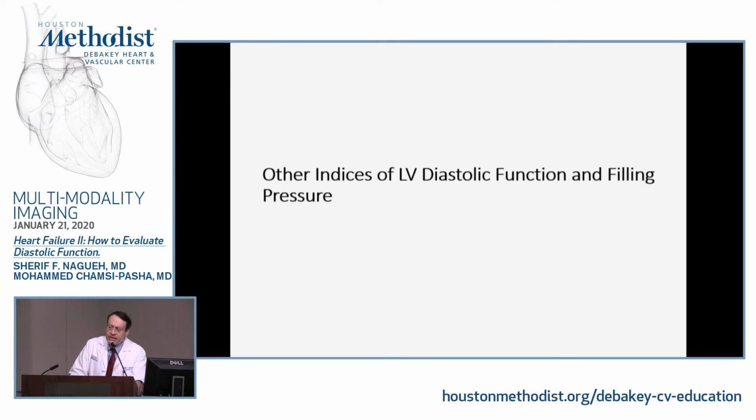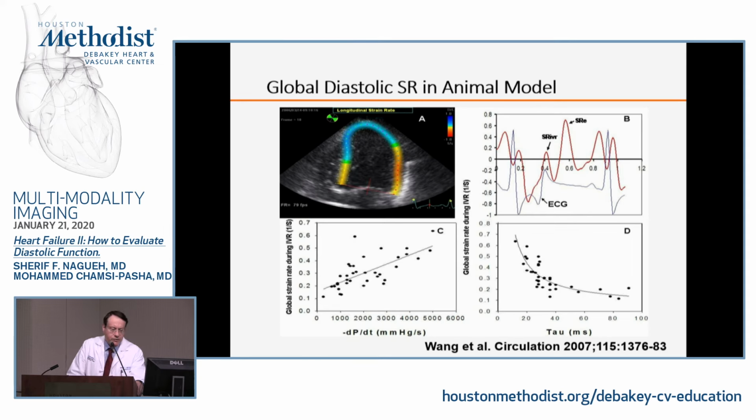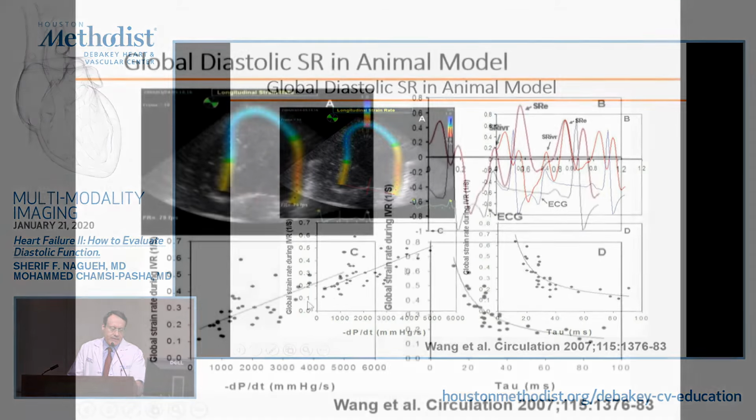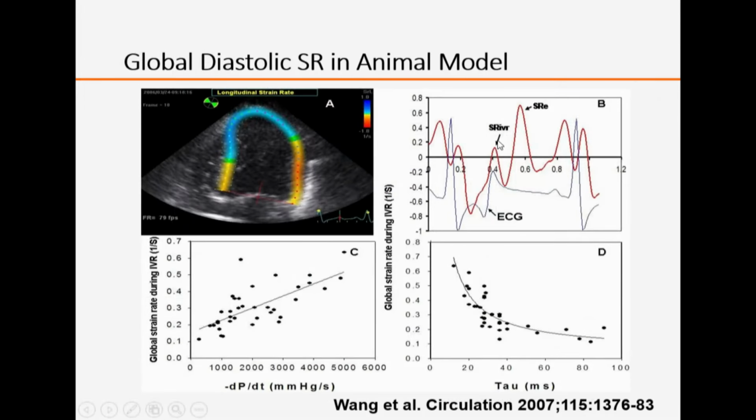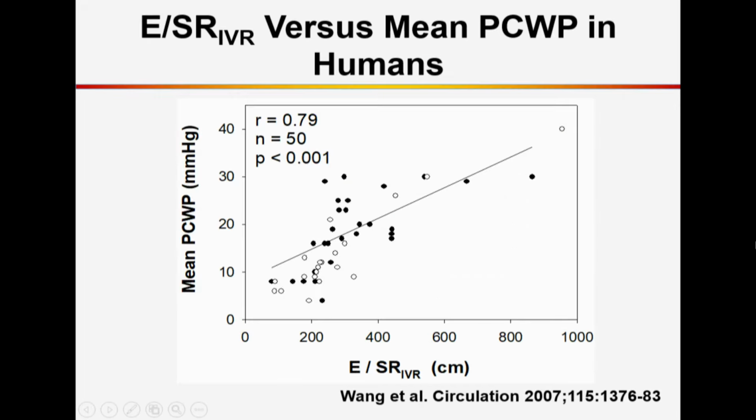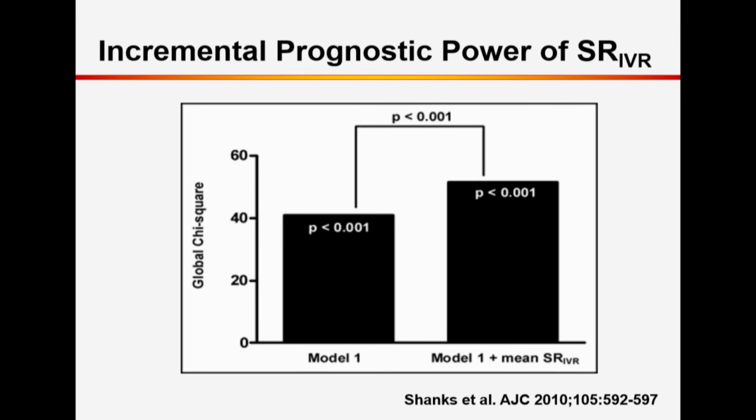There are other indices that have been looked at, including isovolumic relaxation rate as measured by strain, as well as in early diastole. This shows you that this signal during isovolumic relaxation relates inversely with the time constant and directly with negative dP/dt in animals. It also did well in humans and was incremental in predicting outcome in a population presenting with acute MI.